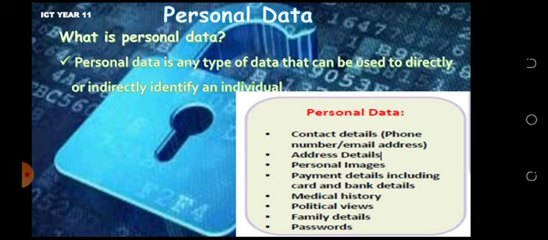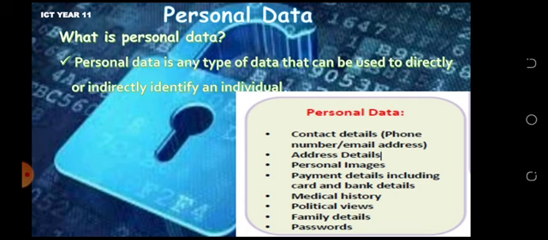Now, what are the examples of personal data? As you can see on my screen, I have about 8 examples of personal data here. Number 1, contact details. Your contact details is one of the examples of personal data, e.g., your phone number, your email address.